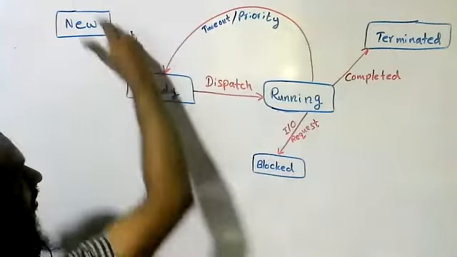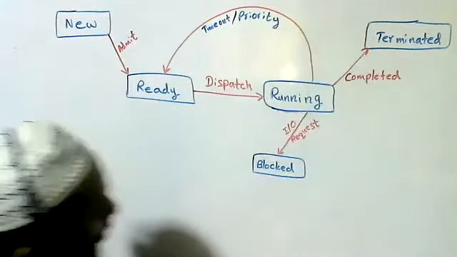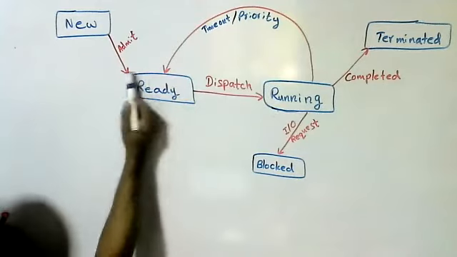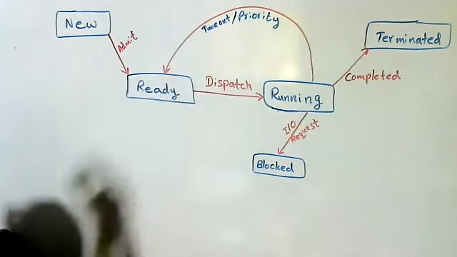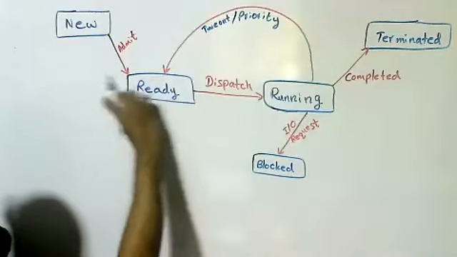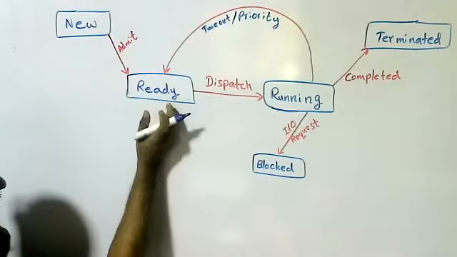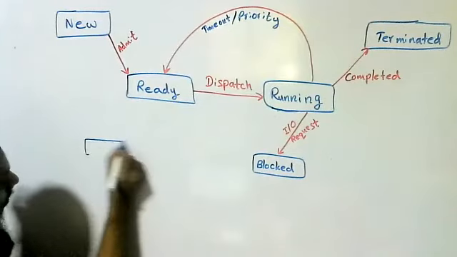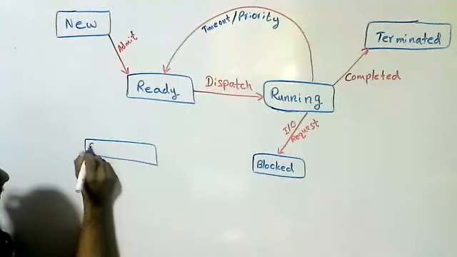And these are the 5-state process transition diagram. Another 2 states, students: if you consider the main memory, the capacity of the main memory is limited. Therefore, if there's not enough space in main memory, there are many processes in ready queue, and processes in ready queue may move to the suspend ready state.